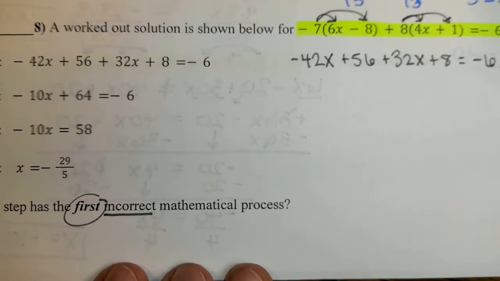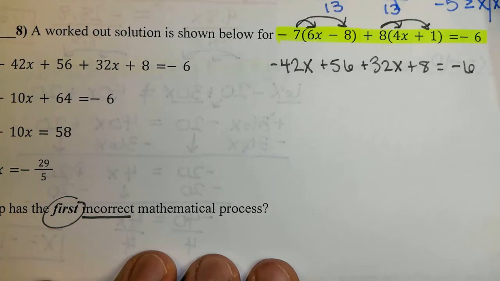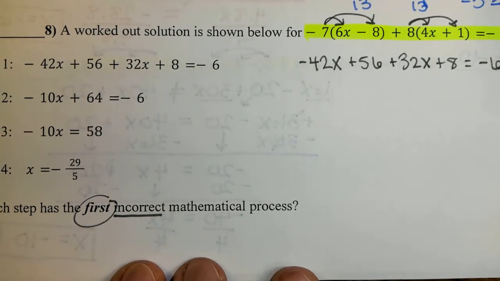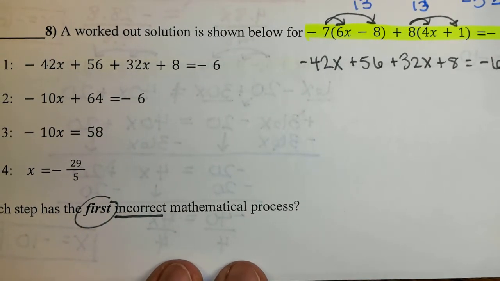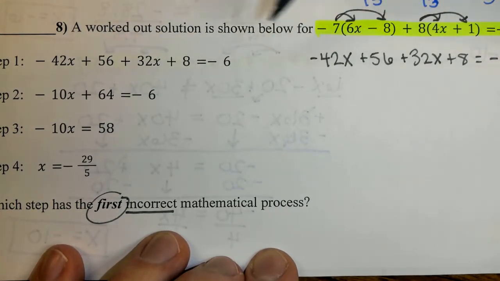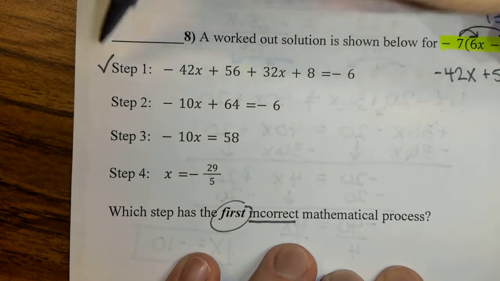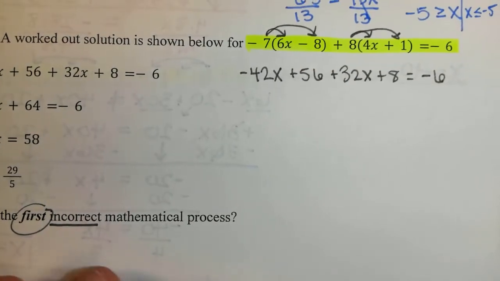All right, so now I can check. And again, because it's a bunch of pluses, the order doesn't necessarily matter. So if they wrote it in a different order, but the numbers are right, it's still fine. So look, I have negative 42x, 56, 32, 8, negative 6. Okay, so this step is good. Okay, they did not make a mistake.